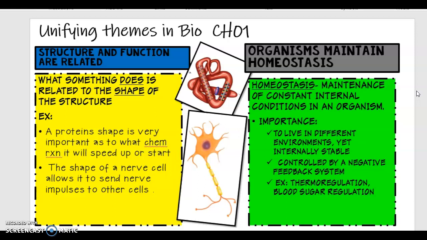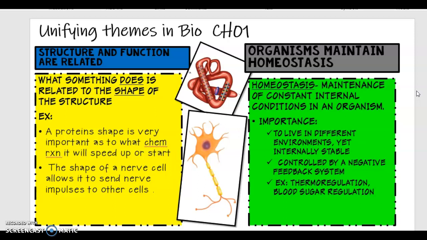So if something goes wrong in the system, then what we have is what we call a negative feedback system or a positive feedback system. These feedback systems are kind of like checks in our homeostasis. Like if one thing goes up, then something else is going to release a hormone or release a chemical to help the thing that goes up go back down again.